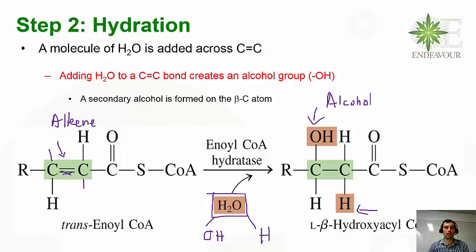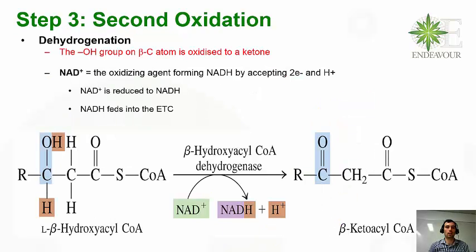So now that we've actually added these hydrogens on, we can actually facilitate another oxidation reaction. And this time the oxidation reaction is actually facilitated by the NAD plus coenzyme. So in step 1 we use FAD, but in step 3 we use the NAD.